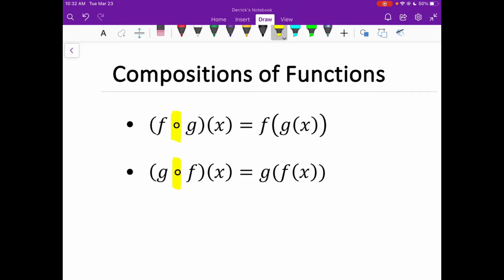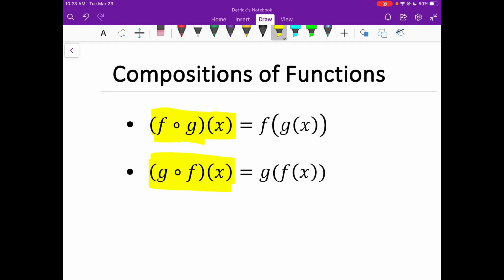Okay, so we have f of g of x is how you would say this, and we have g of f of x is how you would say that one. The idea here is we are being given two functions, an f of x and a g of x function, and depending on which composition we are asked to do, we are going to be taking one of our functions and plugging it in to x of our second function.